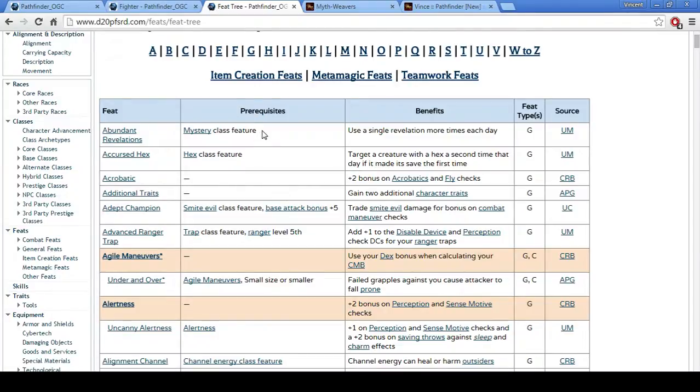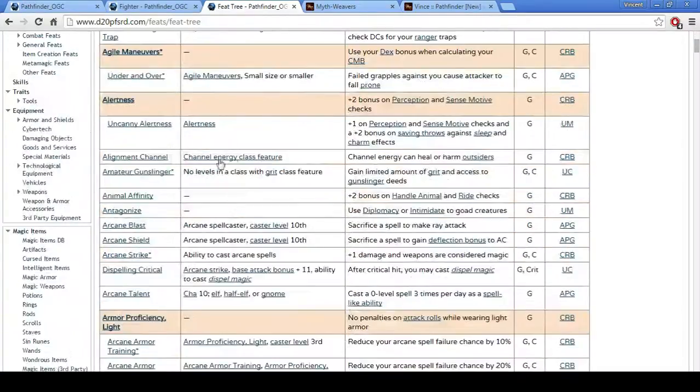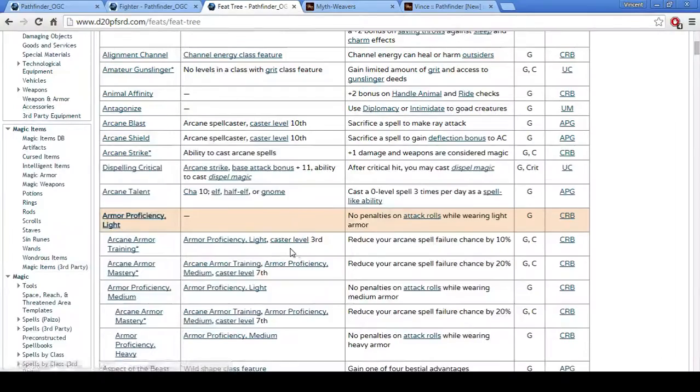For instance, this one requires that you have the mystery class feature, which means oracles. So if you're not an oracle, you can't pick that. A hex class feature is something witches do, so if you're not a witch, you can't take this. If you meet the prerequisite, you can just pick it and it gives you a bonus. That simple. Feats are not that complicated. You just have to pick them. There's just a lot of them, a very large variety.